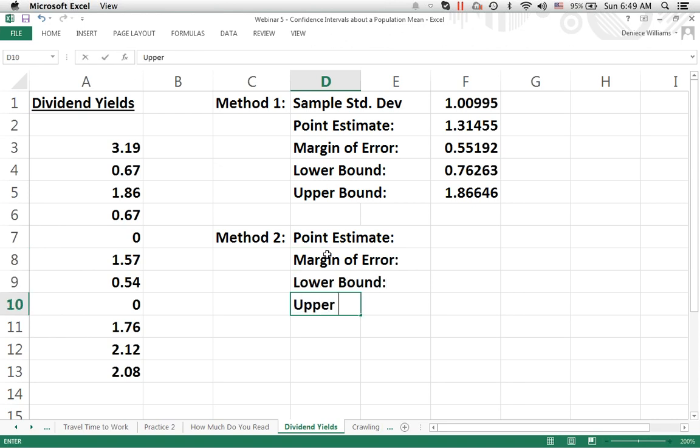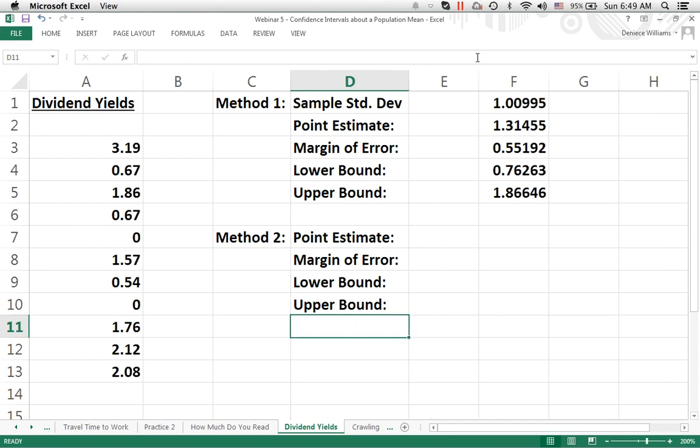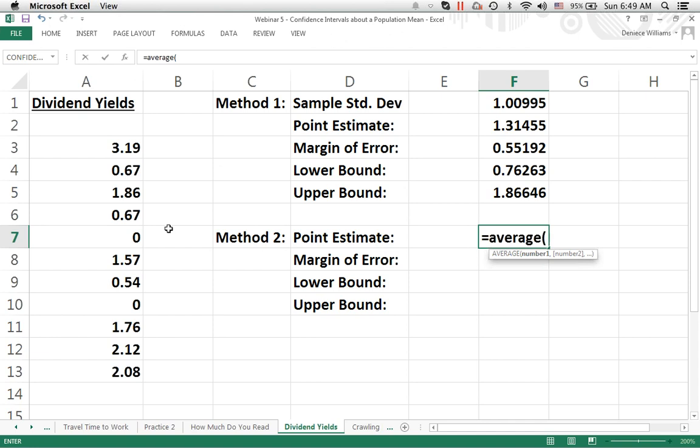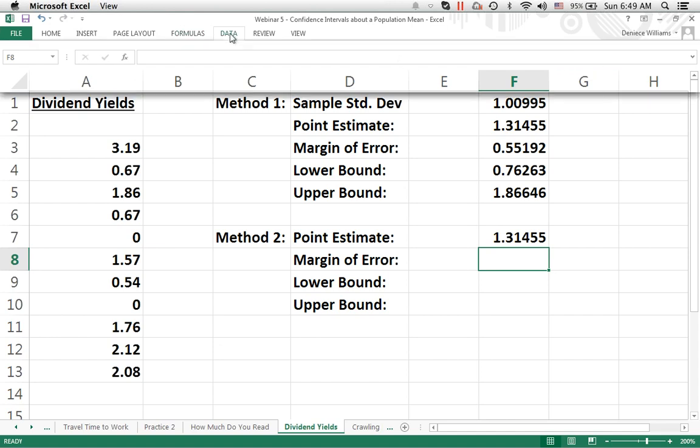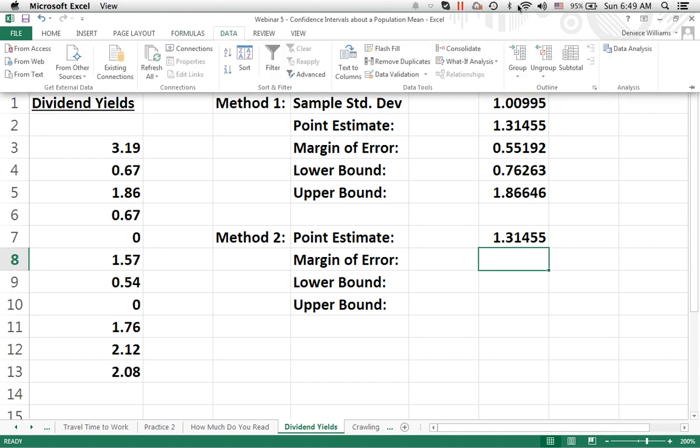And from that, we can find our lower and upper bounds. So the point estimate is the same. We have to use the average function to come up with our point estimate of 1.31455. But the margin of error, we can find that by going to the data section.